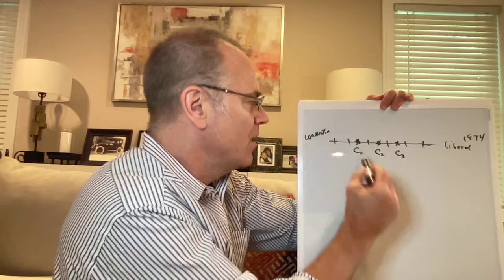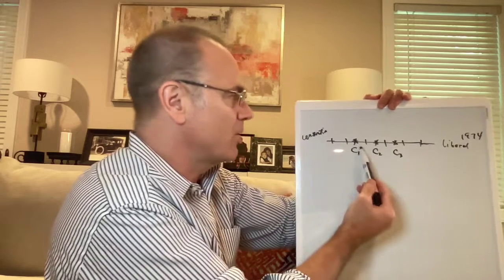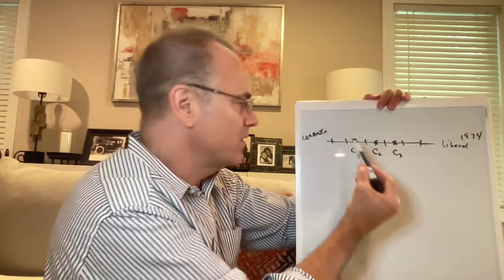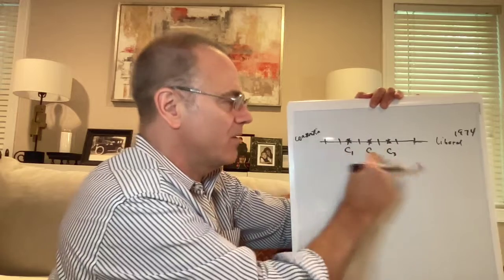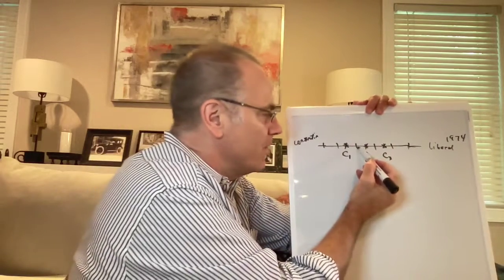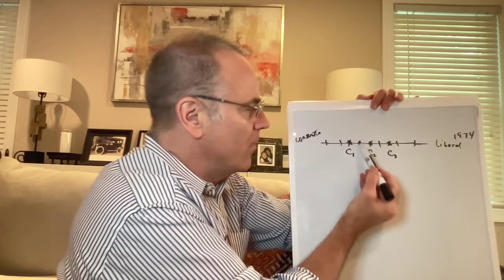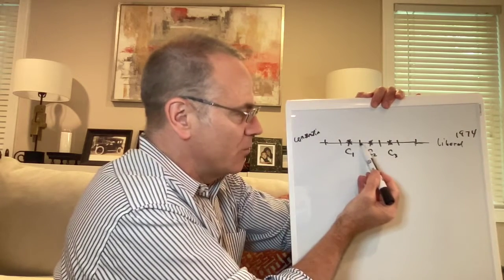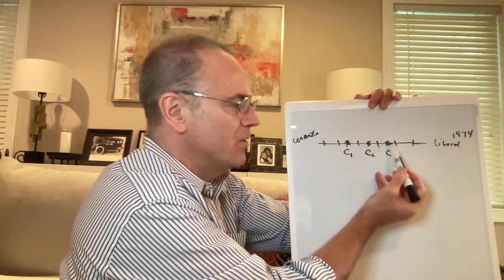So these 2 members are on the conservative side of each cut point. There's this cut point 1, say the conservative votes the yay, that alternative would have to be here, the nay alternative would have to be on that side. These 2 legislators voted on the conservative side. This legislator would have voted on the liberal side on roll call 1, but on the conservative side on 2 and 3.